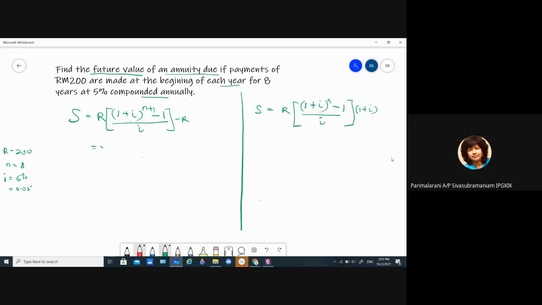Substitute into the formula. We have 200 times 1 plus 0.05 to the power of 8 plus 1, which is 9, minus 1, over 0.05, the whole thing minus R. R is 200. You can check the calculations.